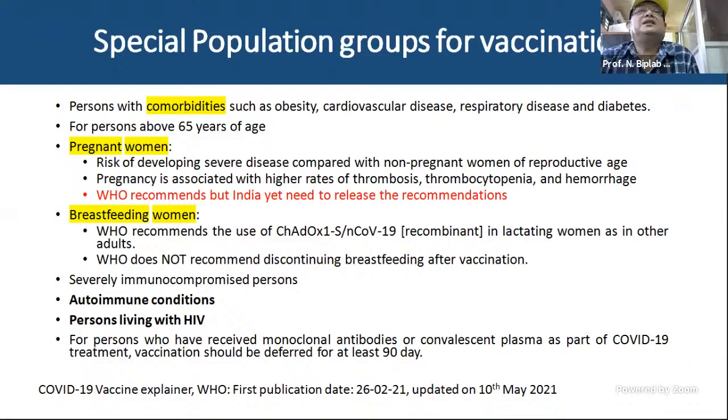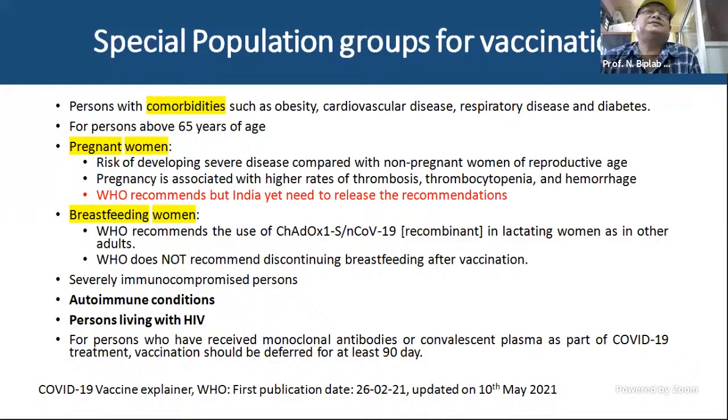Pregnancy is associated with a higher rate of thrombosis, thrombocytopenia and hemorrhage. WHO recommends vaccination, but India yet needs to release the recommendation for vaccination among pregnant women.